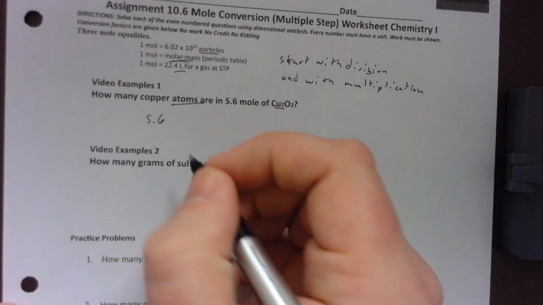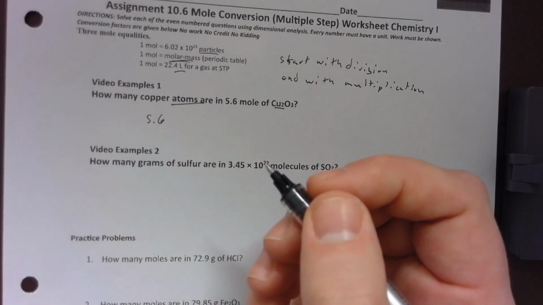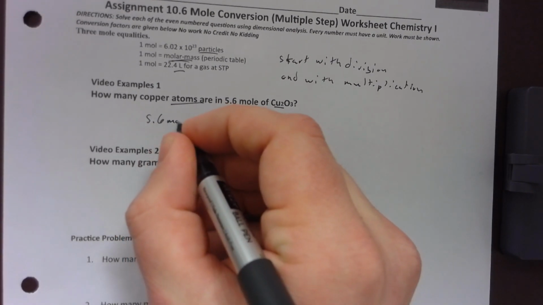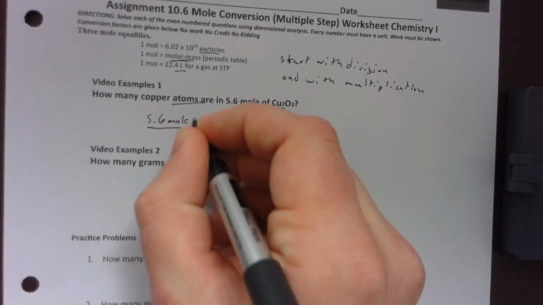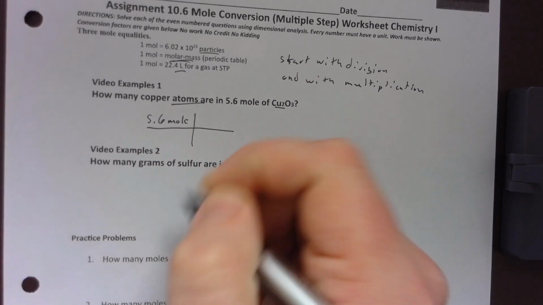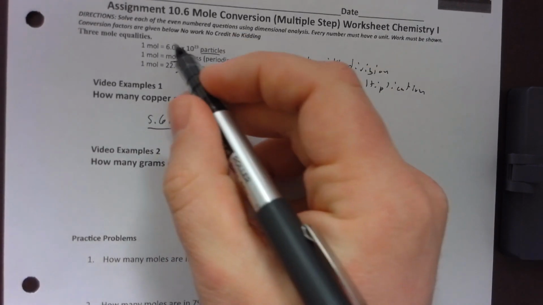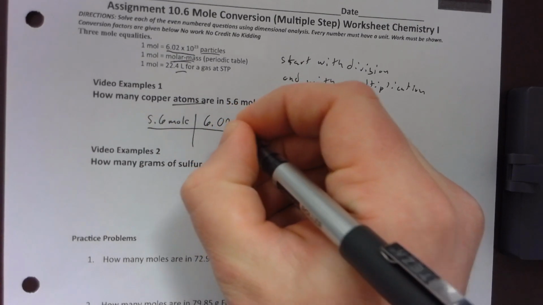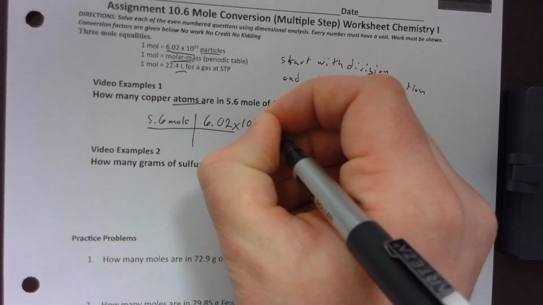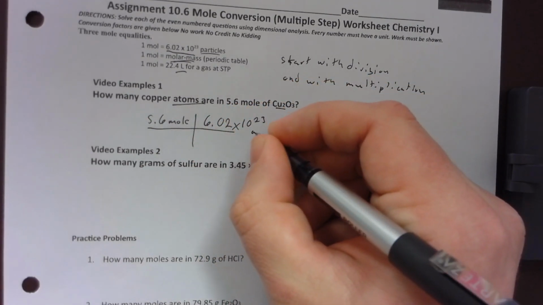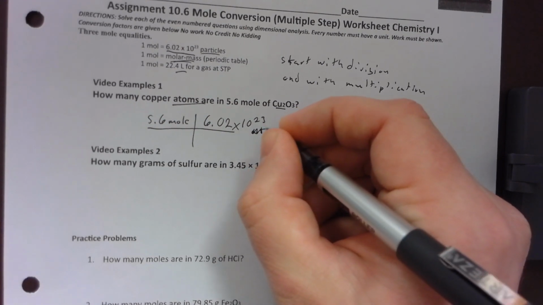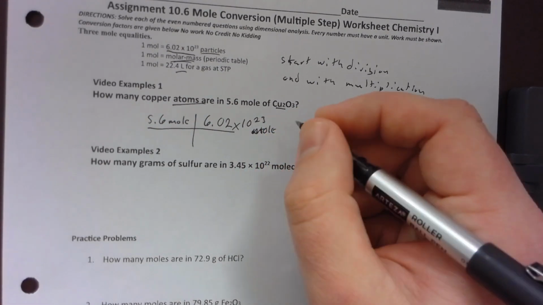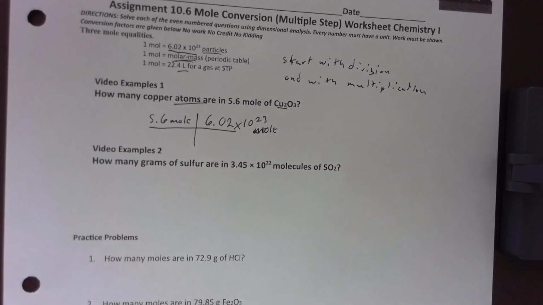So that you're not multiplying by the moles more than once, because you have the moles already here. So in this case, because we are going to something, we're going to multiply. So we need Avogadro's number for this particular problem, 6.02 times 10 to the 23rd atoms, or molecules, because we have to get to atoms of one specific thing.